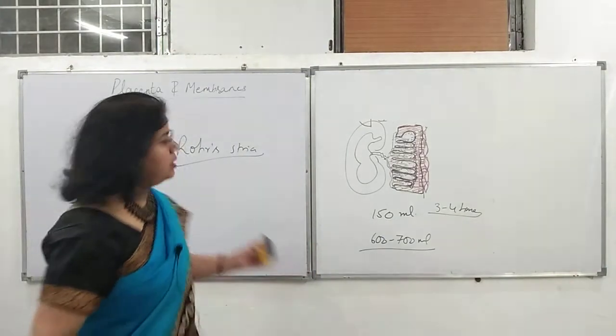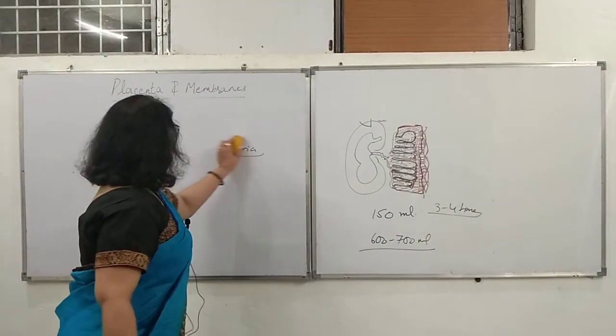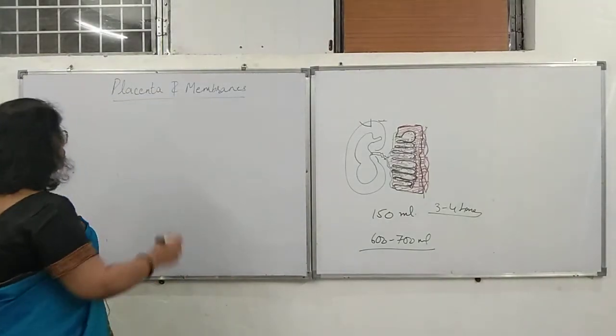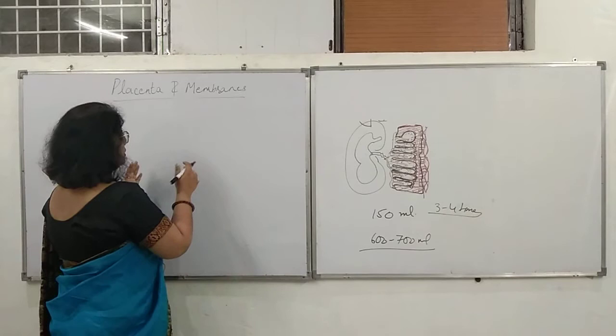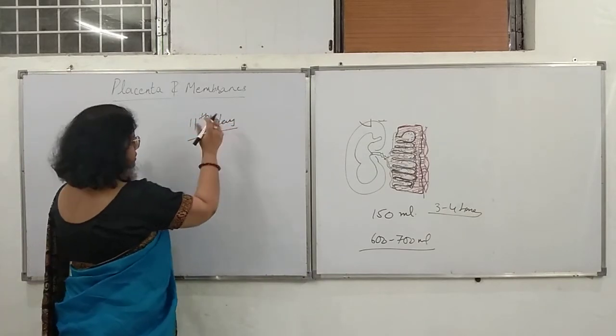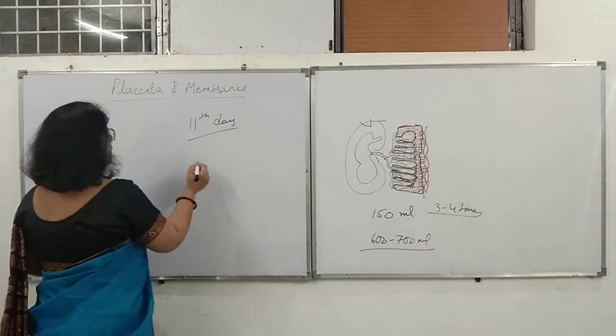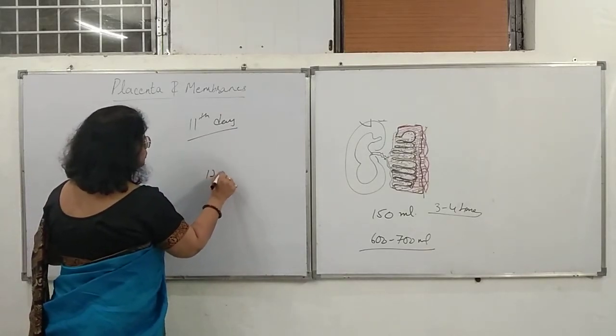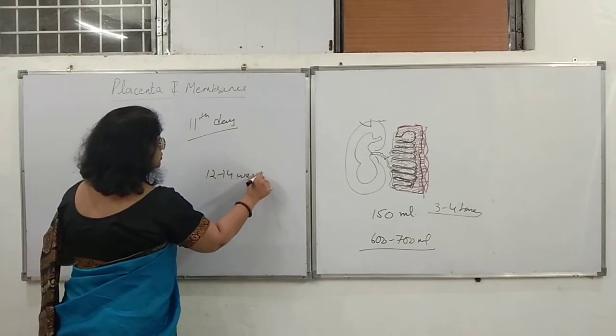And also, as we have discussed some part of trophoblastic tissue invasion, I will tell you that it starts at around the 11th day, as I told you in the earlier part of the class, and it continues up to 12 to 14 weeks of gestation.